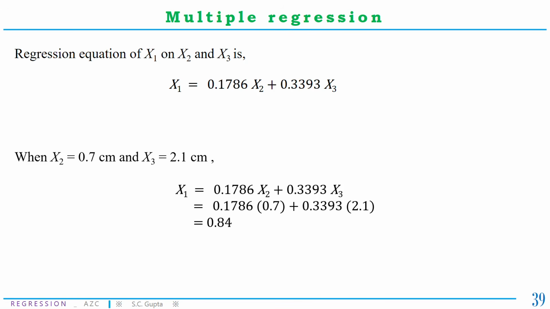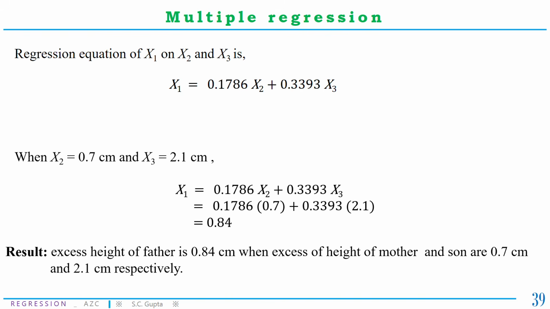The value of x1 found is 0.84. Result: excess height of father is 0.84 centimeters, when excess of height of mother and son are 0.7 centimeters and 2.1 centimeters respectively.